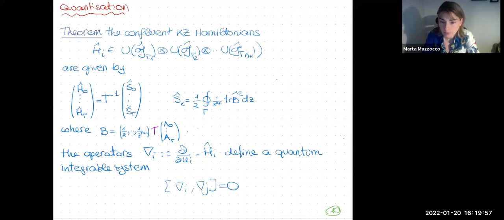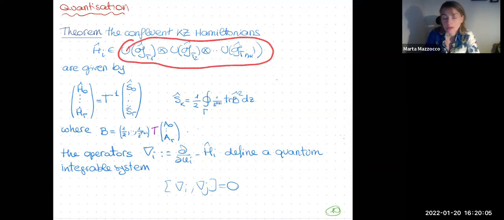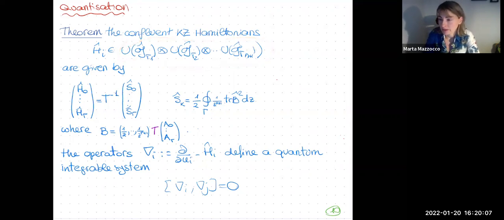So what we have is that the quantum Hamiltonians now will be elements in the tensor product of universal enveloping algebras of these Takif algebras, and the explicit formulae for them are the same as the classical ones, in which we replace everything by the quantum analog, okay?